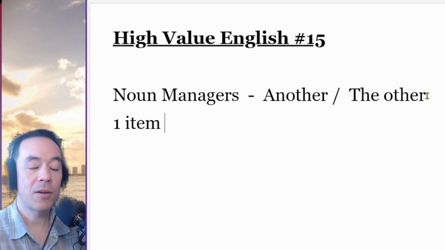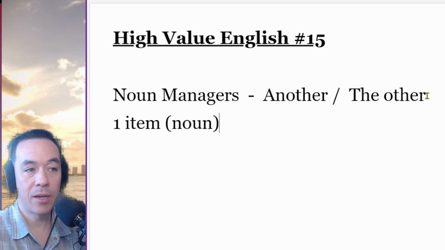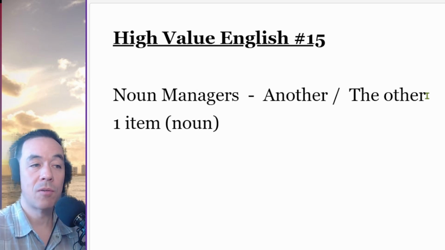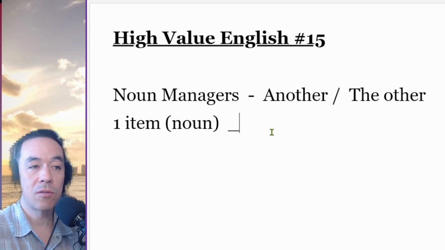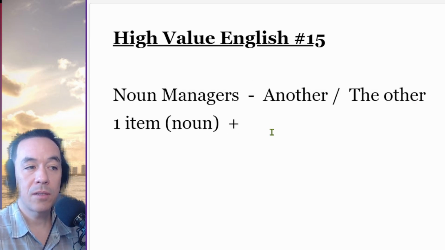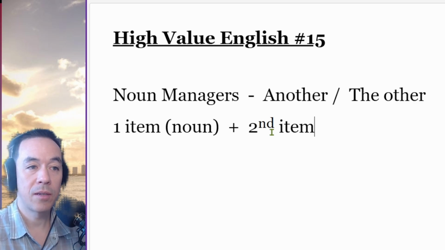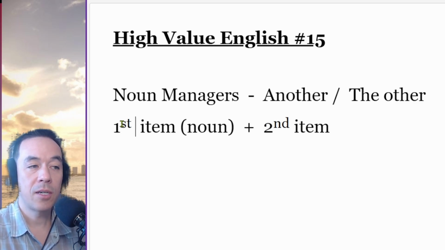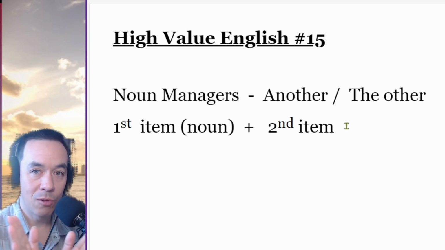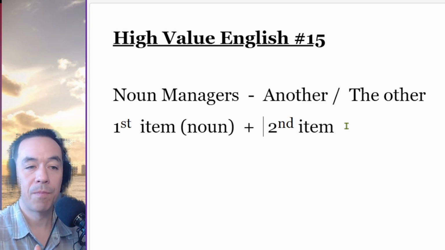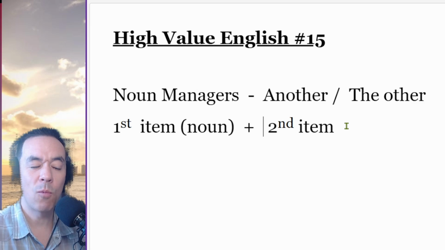I'll call it just an item, which is a noun, right? A person, a place, or a thing. And then you have, in this case, the word other, which means there is also a second item. We'll say first item and second item, right? So that's how we can distinguish or separate two different items or nouns or objects that are the same word.